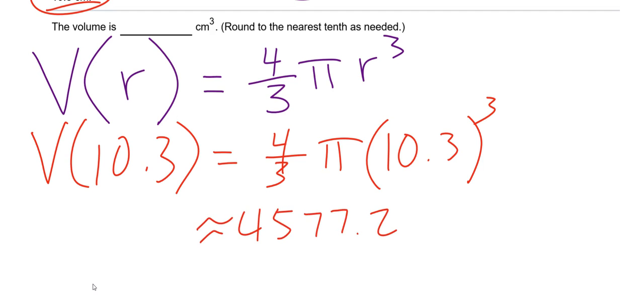I'm hoping you got something like 4,577.2 approximately. Now, if you didn't, then I know what you did. If you have a Texas Instrument calculator, the majority of them require you to use parentheses around a fraction like this.